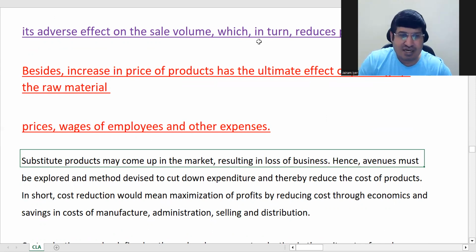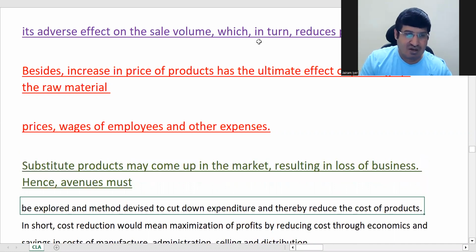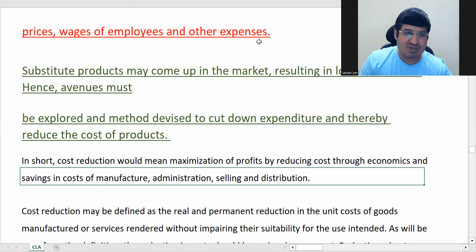Another thing that can happen is that substitute products may come up in the market, and more products will come up that might give it at a cheaper rate than yours. So the best way is to reduce the cost, and that way you will stay very competitive. So always go for cutting down the cost.